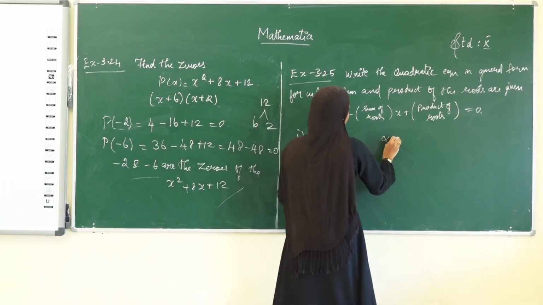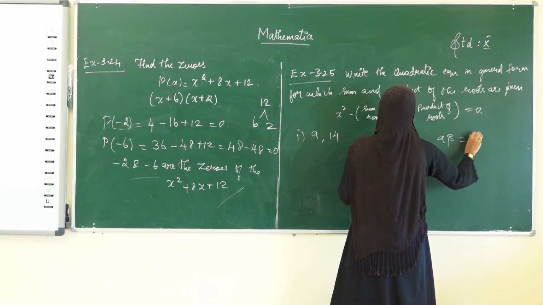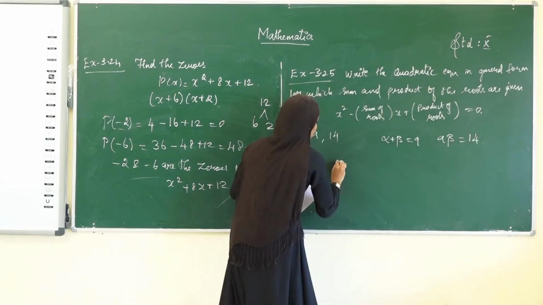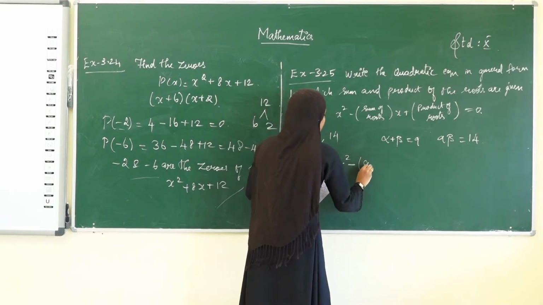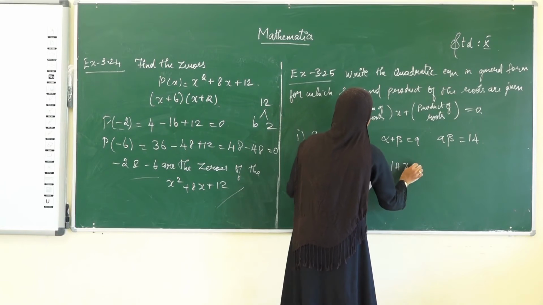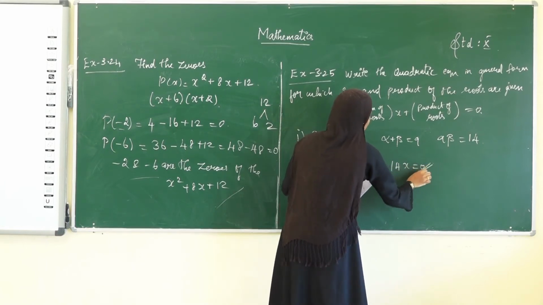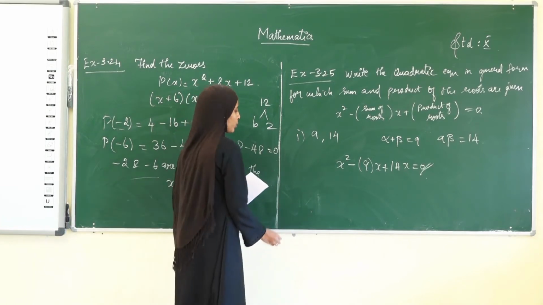Here alpha plus beta is equal to 9 and alpha beta is equal to 14. Therefore, the equation is x squared minus 9x plus 14, which is equal to 0. This is the quadratic equation that is formed using the given sum and product of the roots.